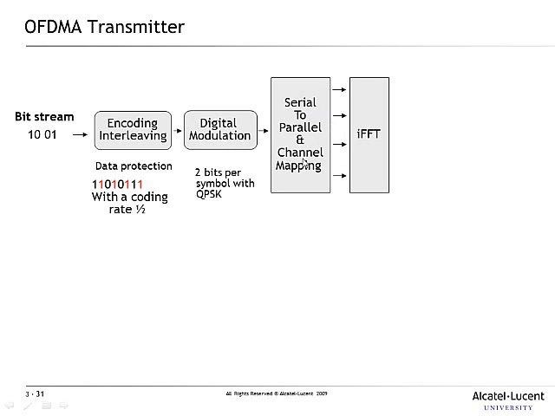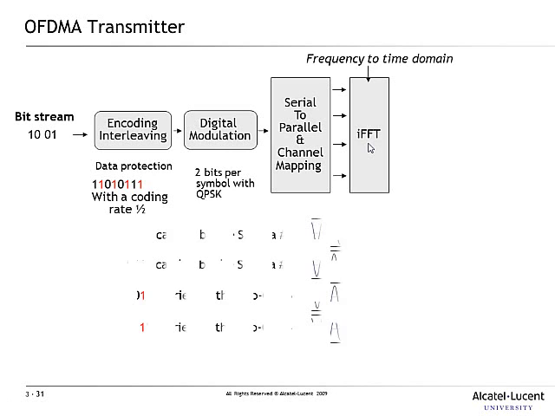So remember, we may have a 20 megahertz spectrum. So we move different. Once we do that, the next thing that we do is, because we've got a parallel frequency domain signal, we do an inverse fast Fourier transform on it, and we convert the signal from a frequency domain back to time domain.